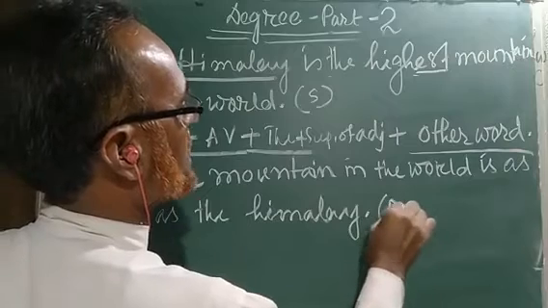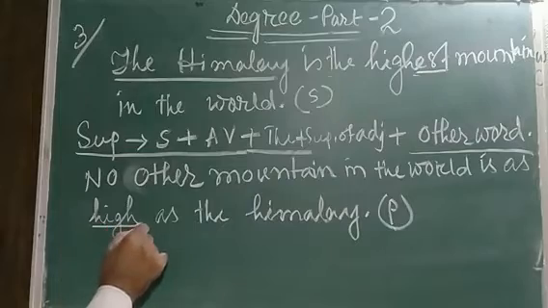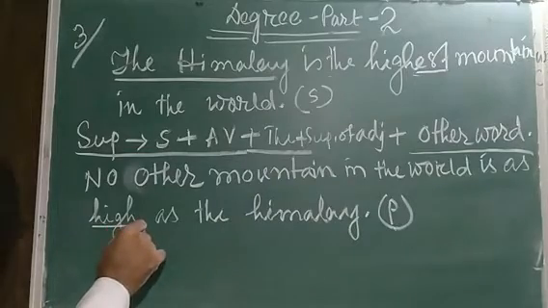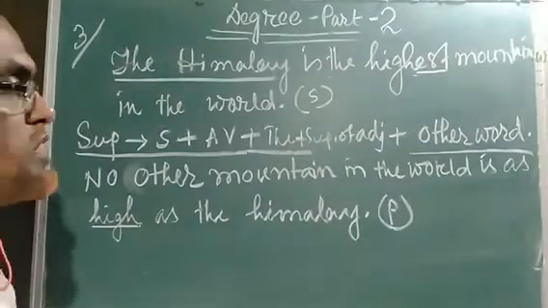It is obviously a sentence of positive degree. Why? The adjective of the sentence is written in positive form. So we can say that it is a sentence of positive degree.